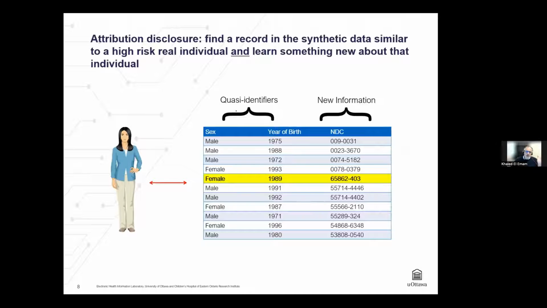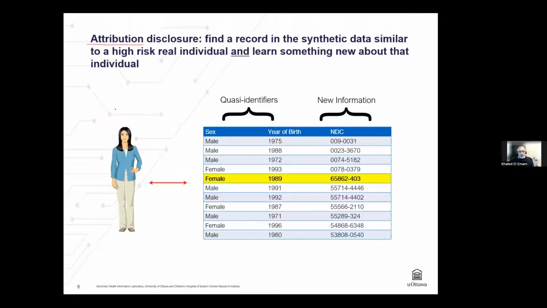So there are two main kinds of privacy risks that are relevant and defensible for synthetic data. The first one is what I'll call attribution disclosure. Basically, you can think of this table as being a synthetic data set. You have a bunch of quasi-identifiers. So these are the variables that an attacker would know, like sex and year of birth. And then if an attacker is successful, they will learn new information about a person, in this case, the NDC code, the drug code.